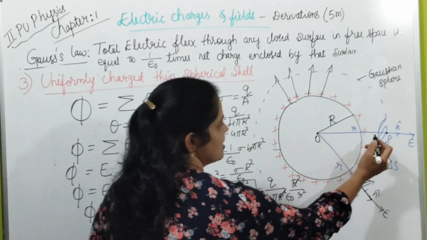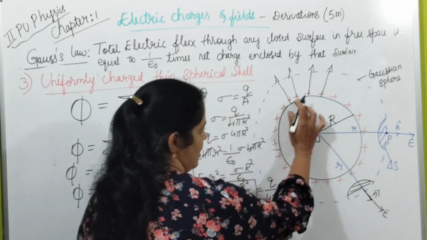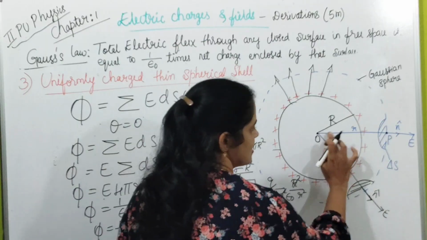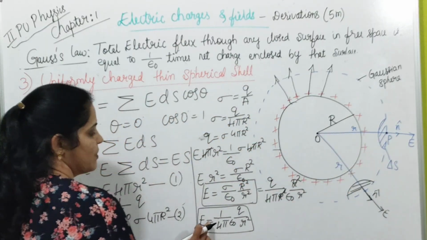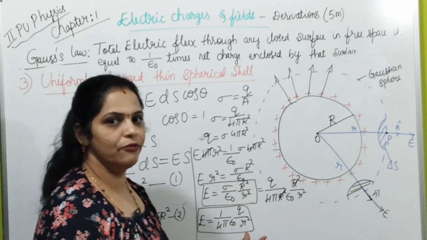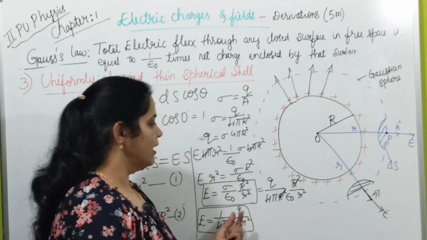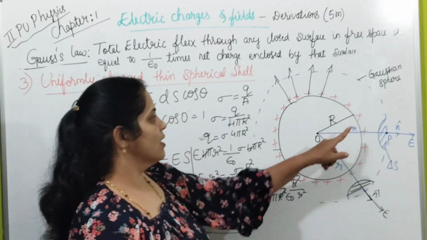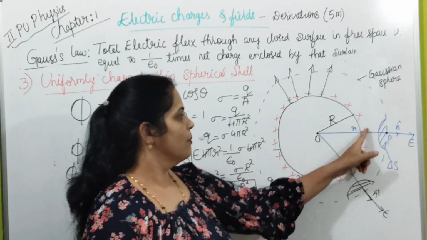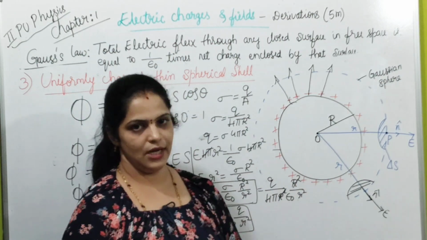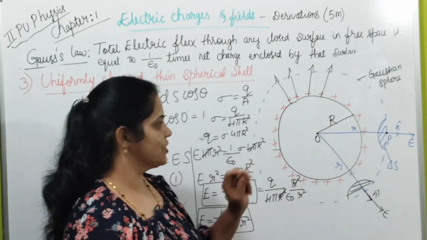So when the point is outside the spherical shell, at a distance small r, the expression for electric field is 1 by 4 pi epsilon naught Q by r square, where Q is the total charge placed on the surface of the spherical shell.